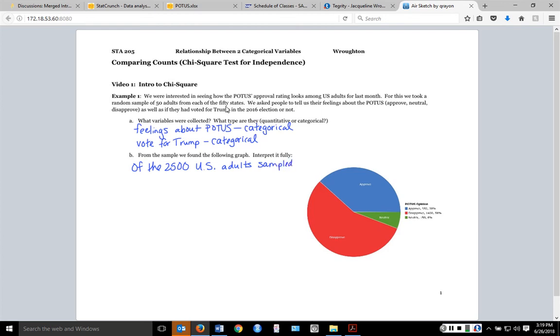we found that 38%, or you could say 950 people, approve of the president. 56%, or 1,400 people, disapproved.